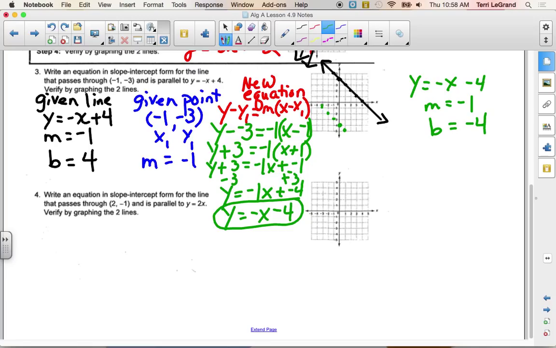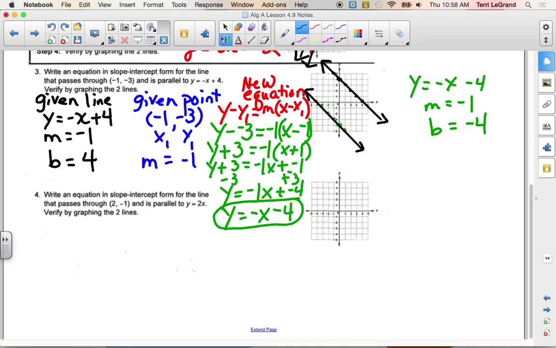And again, the more points you make, the better you can line up your ruler. The hope is your lines first of all look parallel, and the second hope is that that line goes through the point they gave you.